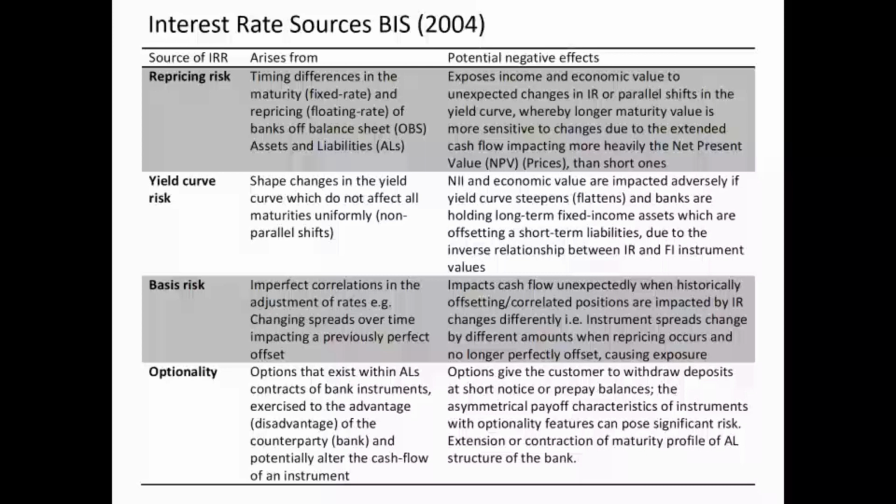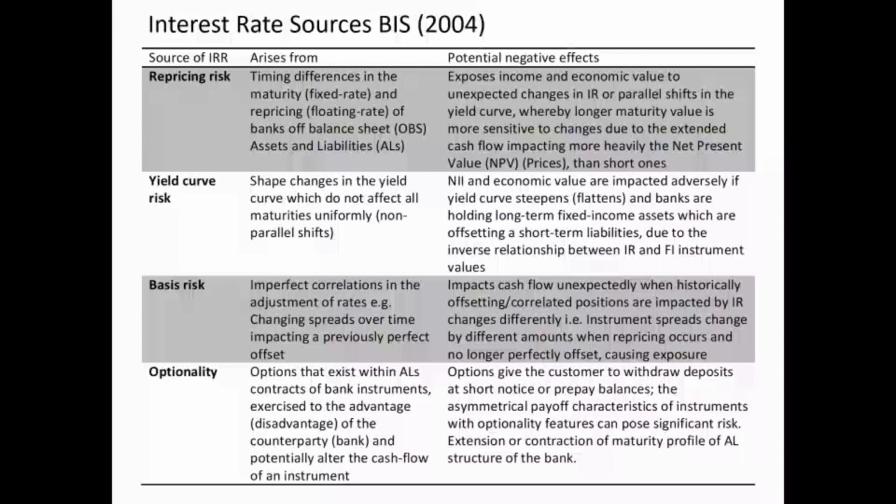Basis risk. If you remember basis risk from previous studies, it's all about very small increments in interest. And this happens where two products don't necessarily reflect the change in one another. So you might have two products that have very similar characteristics, such as a T-bill and a 3-month LIBOR product.